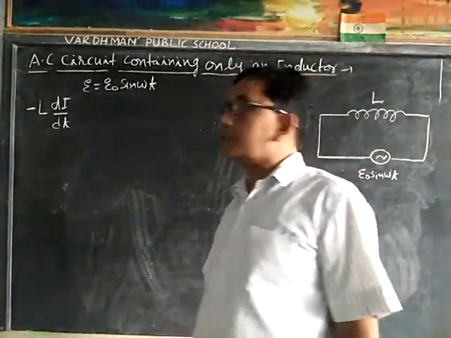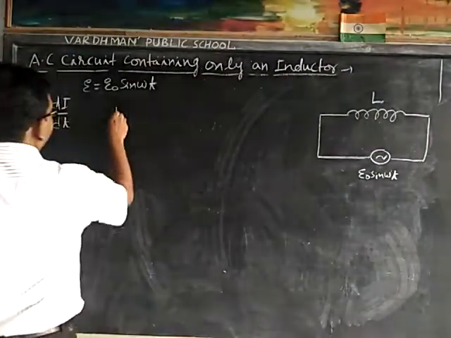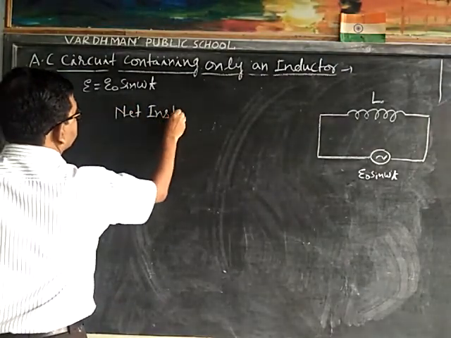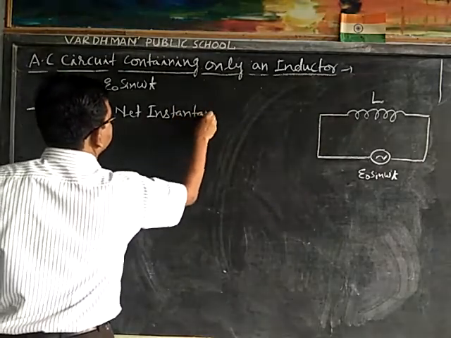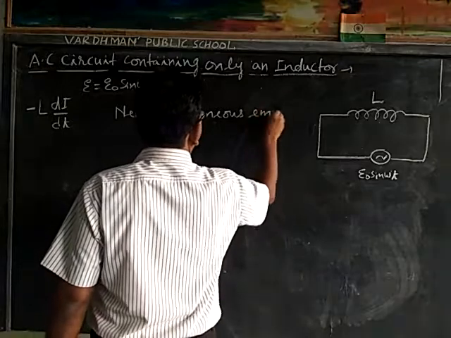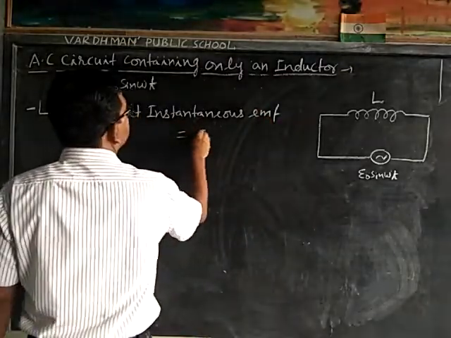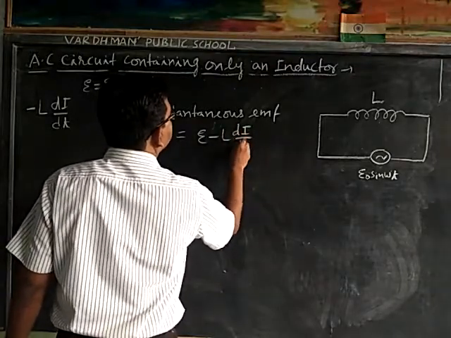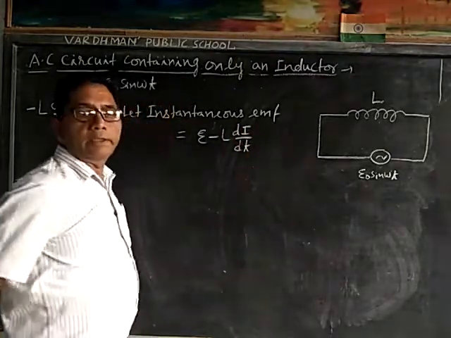Now the net instantaneous EMF is equal to E minus L di upon dt.